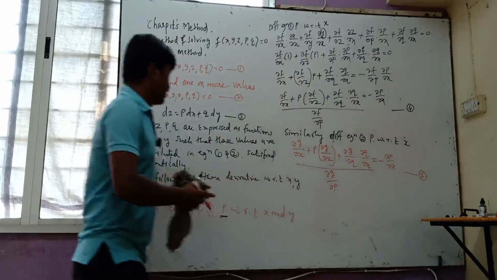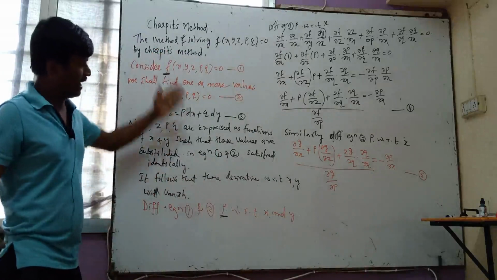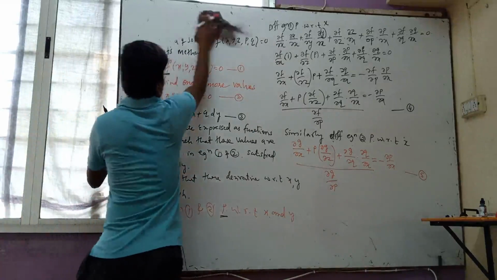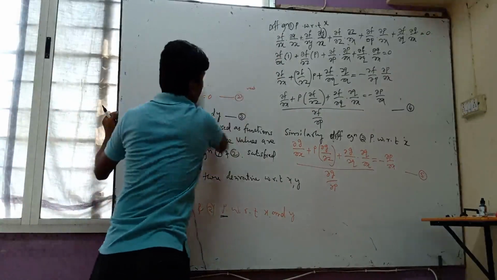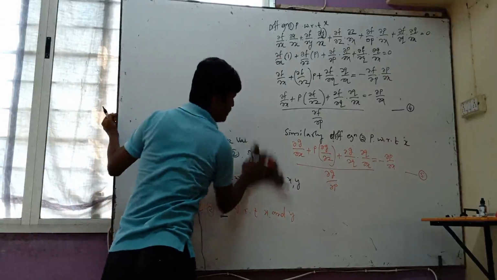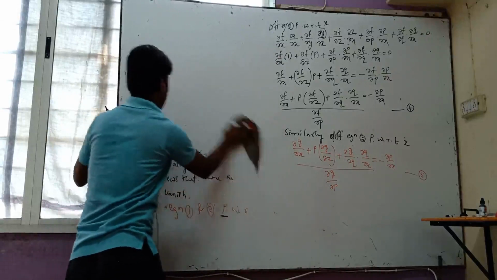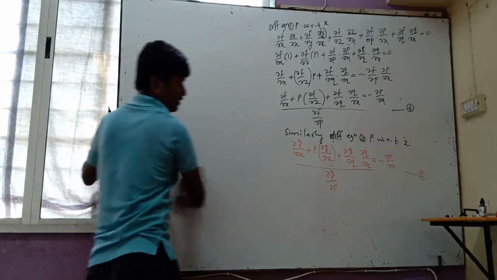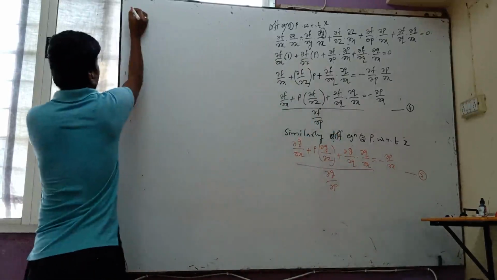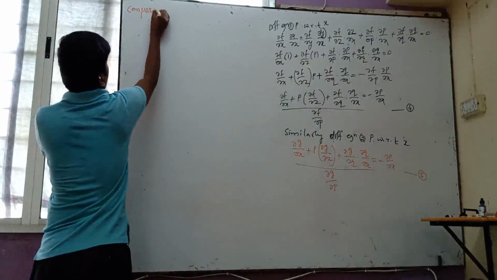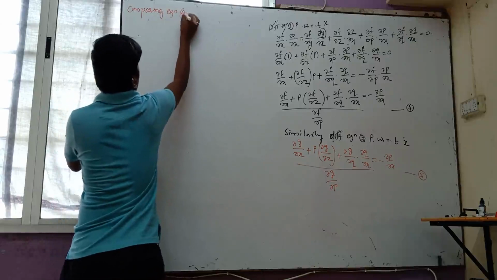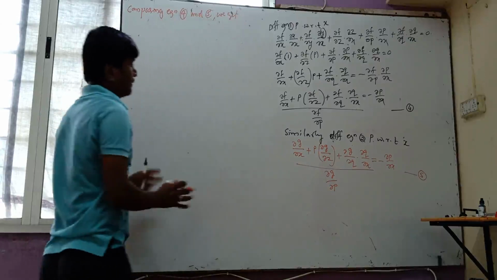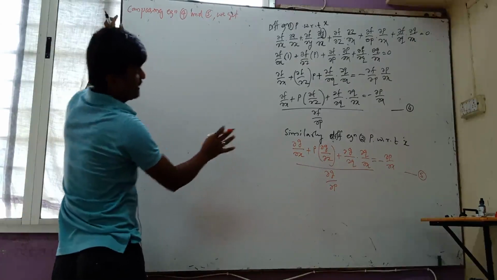So now I think you don't have any confusion regarding this first type. So now directly I will conclude that from equations 4 and 5, I am comparing those equations. Comparing equations 4 and 5, we get, so just to compare here, I will write as it is.